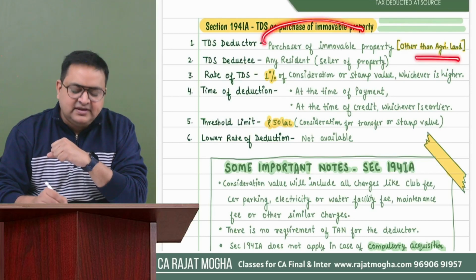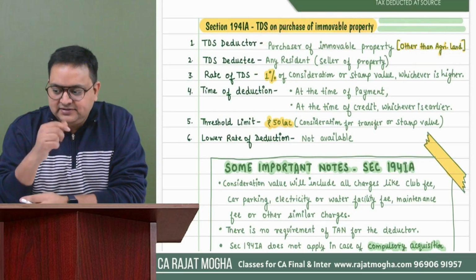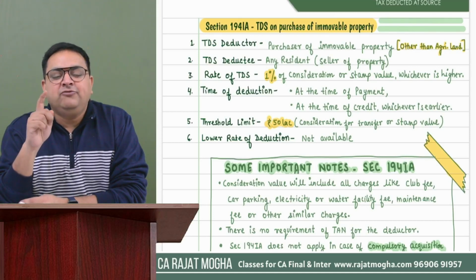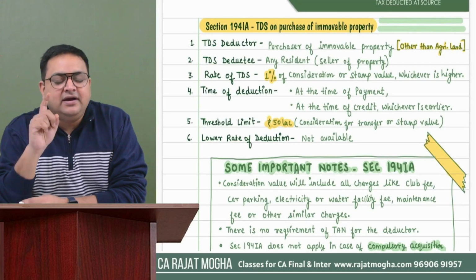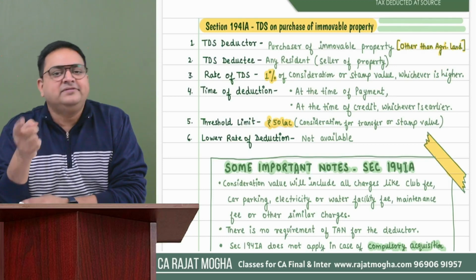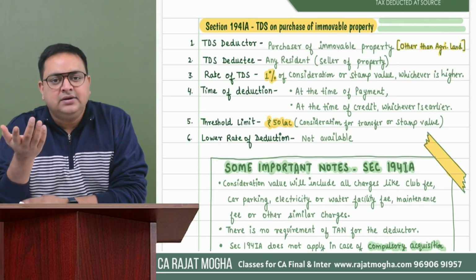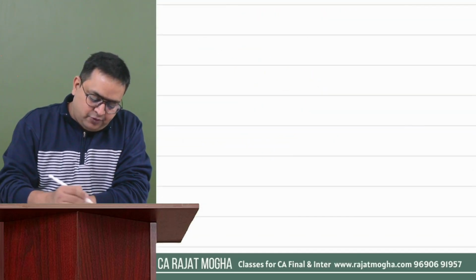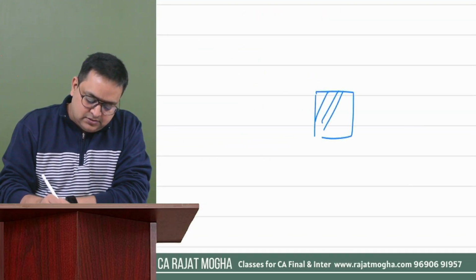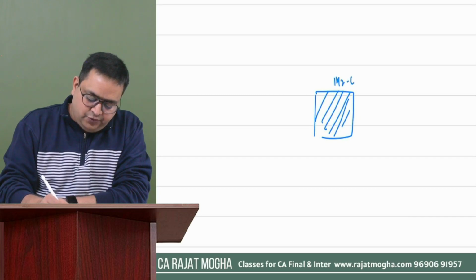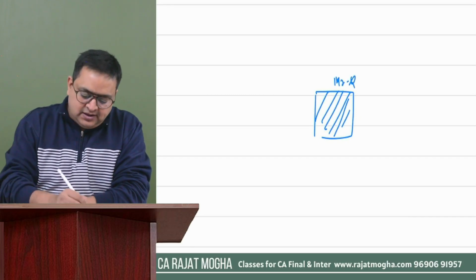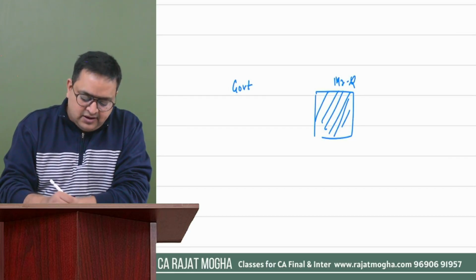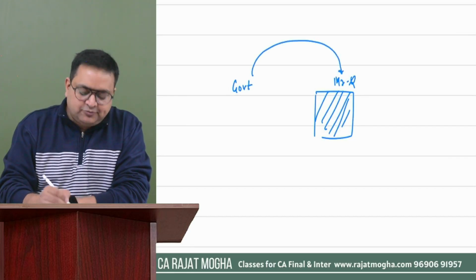Now this is one of the important things here. If you are purchasing an immovable property, but actually it is not a purchase, it is a compulsory acquisition. So generally, let's say there is a property of Mr. Q. Mr. Q is the owner of this property, and the central government, state government, local authority, etc., are acquiring this property.